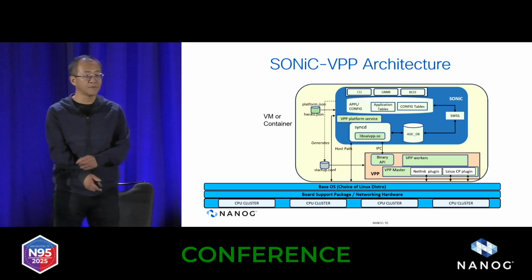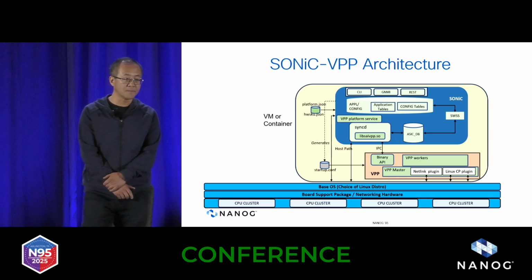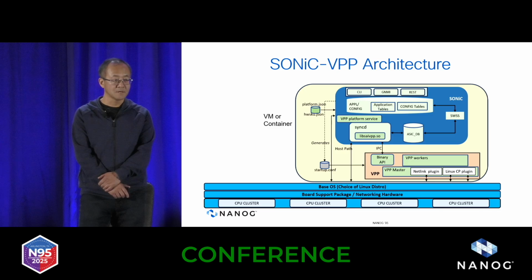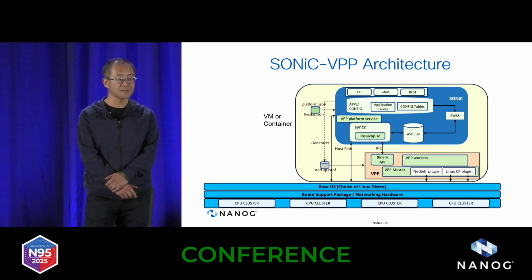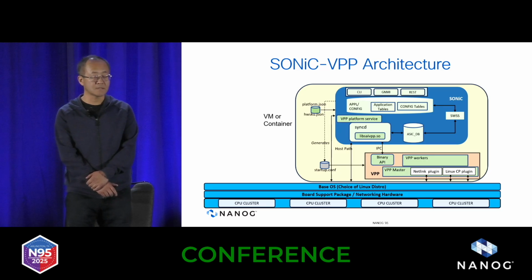Here's another view of the SONiC VPP architecture. At the top, the blue box has the SONiC control plane. It has CLI, GNMI, and REST for configuration. It uses a Redis database to store application tables and config tables. SWSS is like the FIB in SONiC.